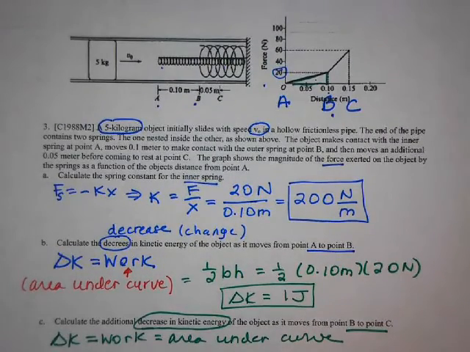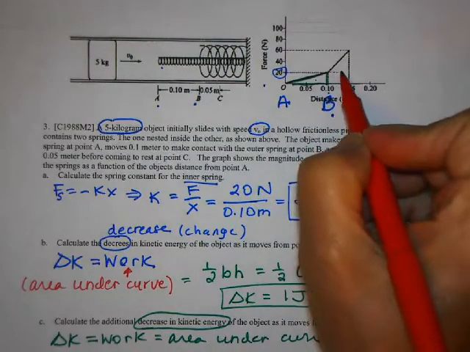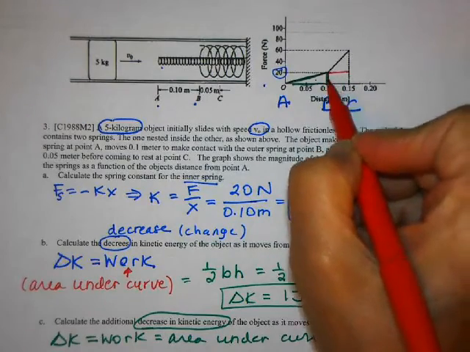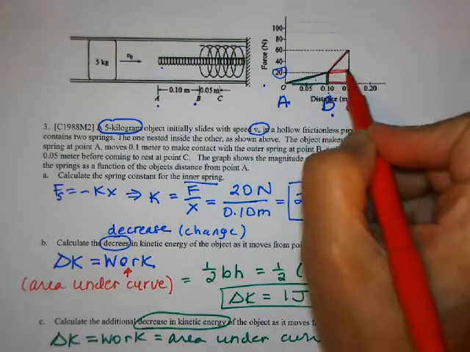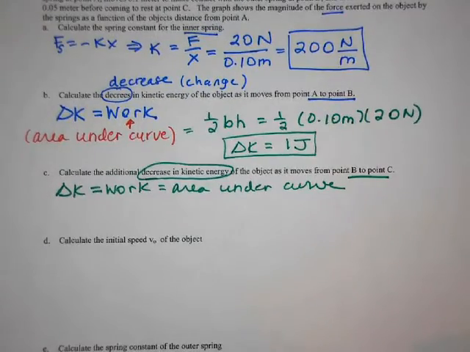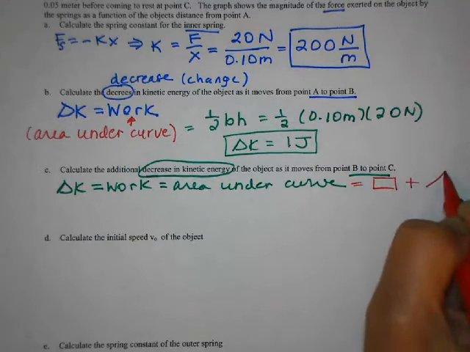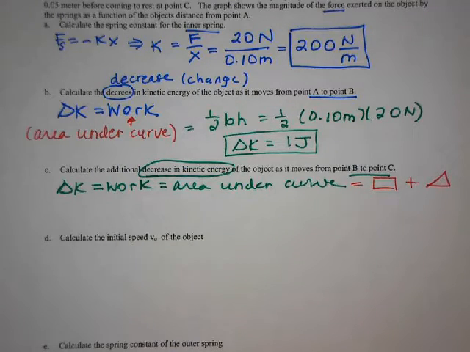Sometimes you don't have to ask what the equation is; sometimes I just make it easy. I say, oh, here's a rectangle and here's a triangle. So I'm just going to do the rectangle plus the triangle. Keep it easy.